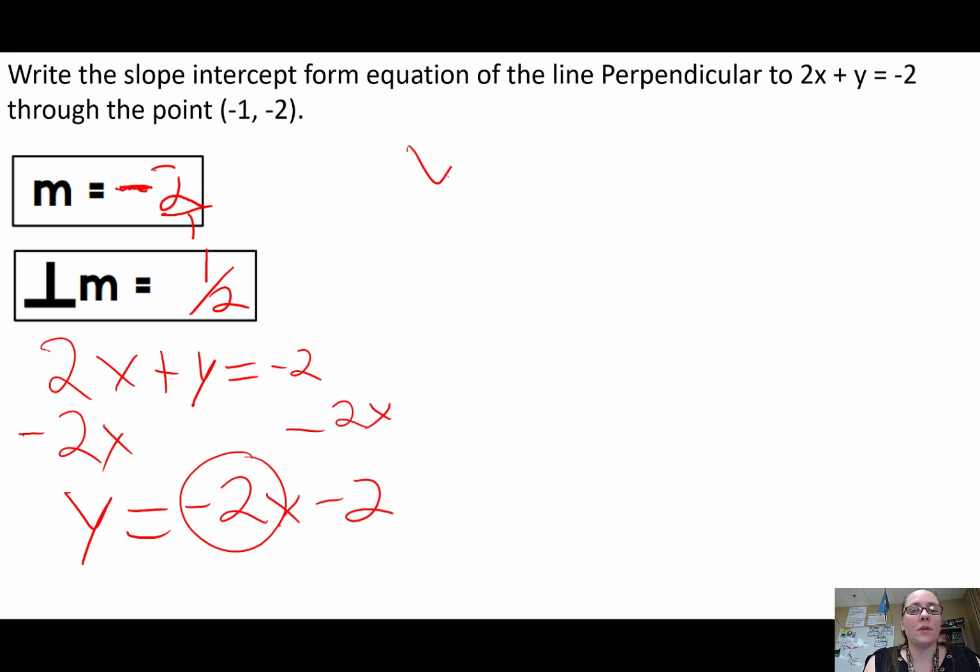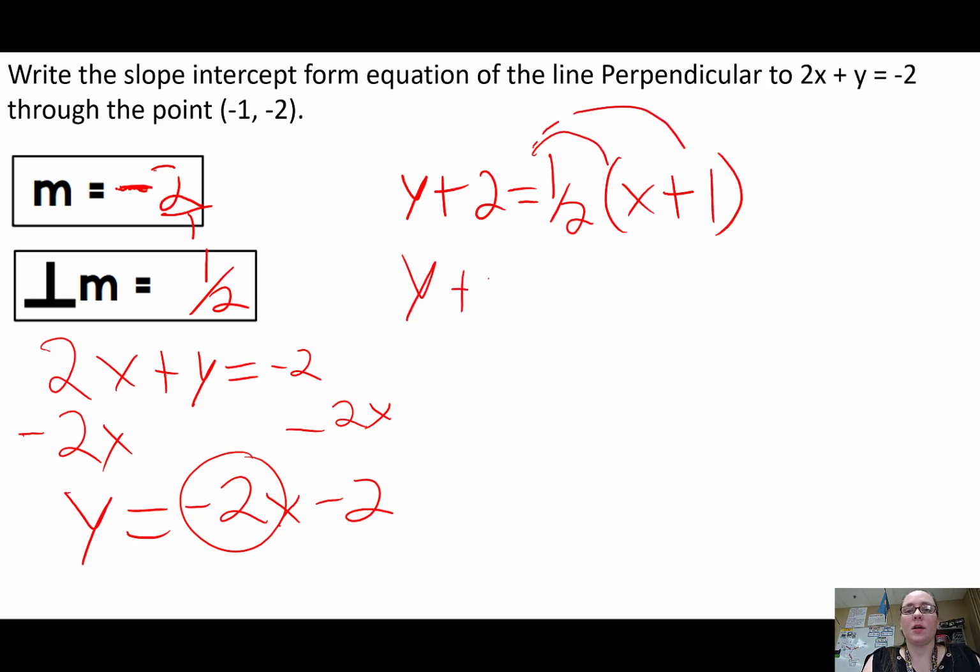All right, from here we can plug in. We get y minus a negative 2, so we get y plus 2, equals the perpendicular slope, so 1/2 times x minus a negative 1, so that becomes plus 1.